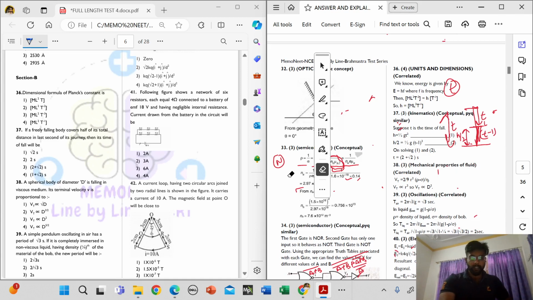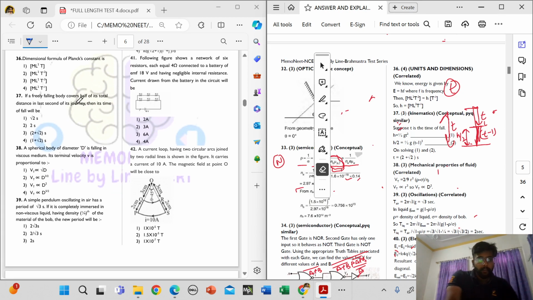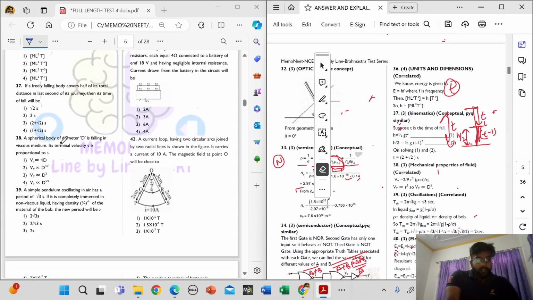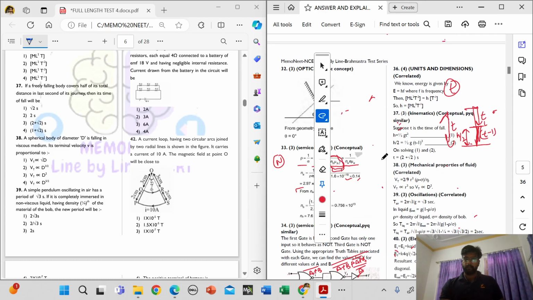Okay, now next question, 38th question. A spherical body of diameter d is falling in a viscous medium. Its terminal velocity will be proportional to what?